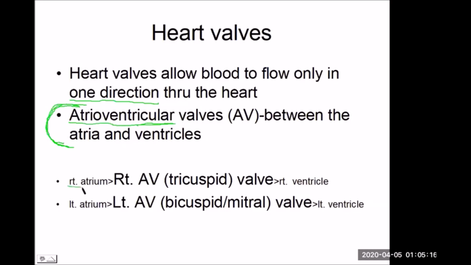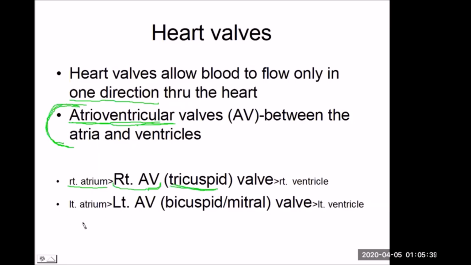So between the right atrium and right ventricle, it could be referred to as right atrioventricular. The right AV valve is composed of 3 different leaflets, meaning 3 different flaps of tissue. And there's the term tricuspid valve. It's another name for that.